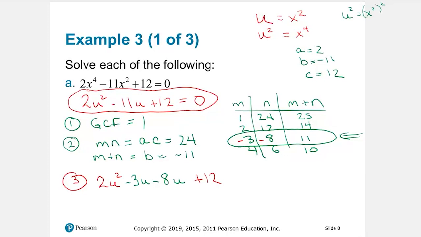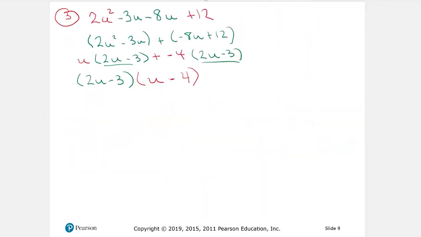And u equals x squared. That's what I said is u. I'm going to make u equal to x squared. So here, I'll write it here. u equals x squared. So if I want to know what x is, I take the square root of both sides, right?